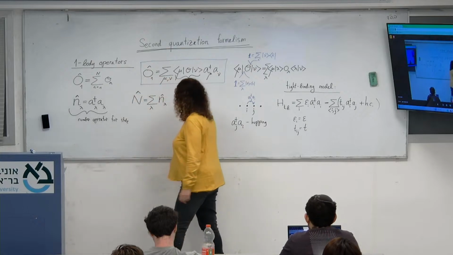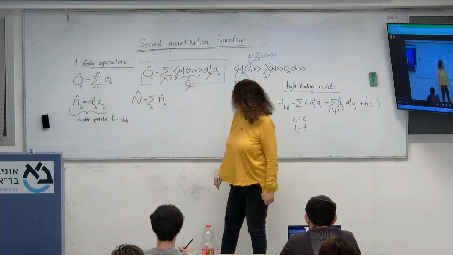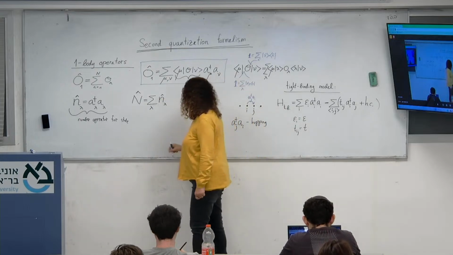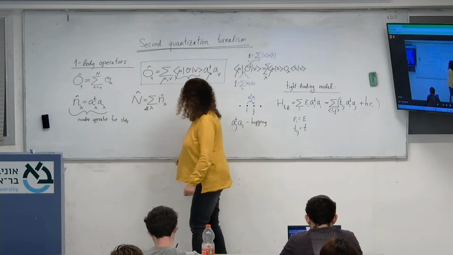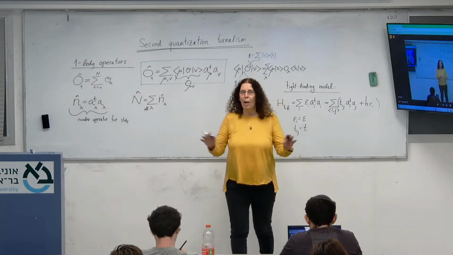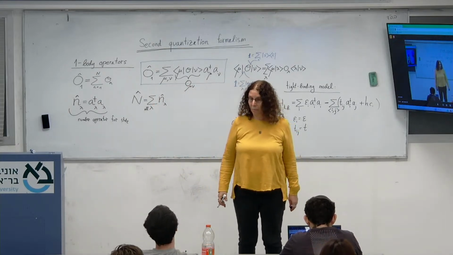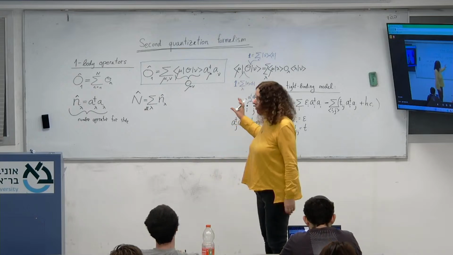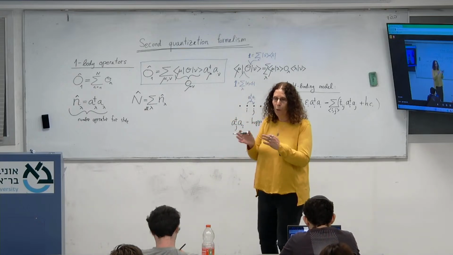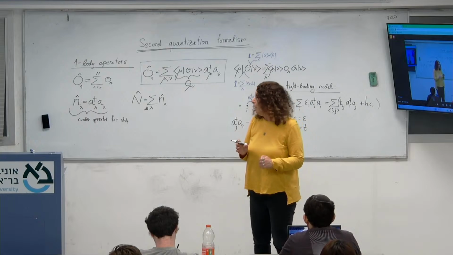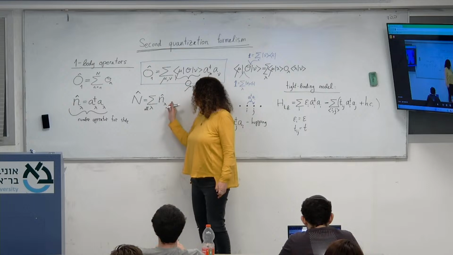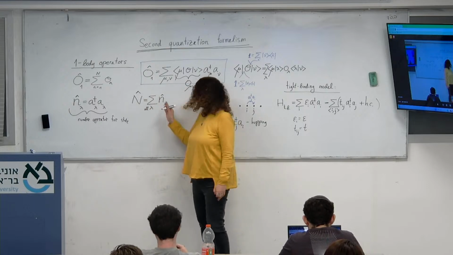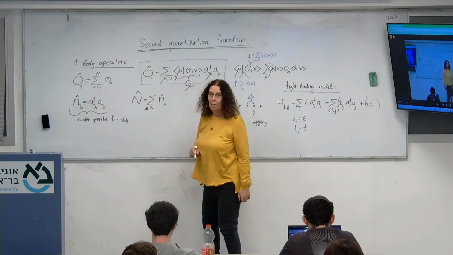as a sum over n lambda, where the sum is over all lambdas. Now you can apply it on a state where only a few lambdas are occupied, and that's fine, but if you want an operator to describe all the possible Fock states, then this is it.